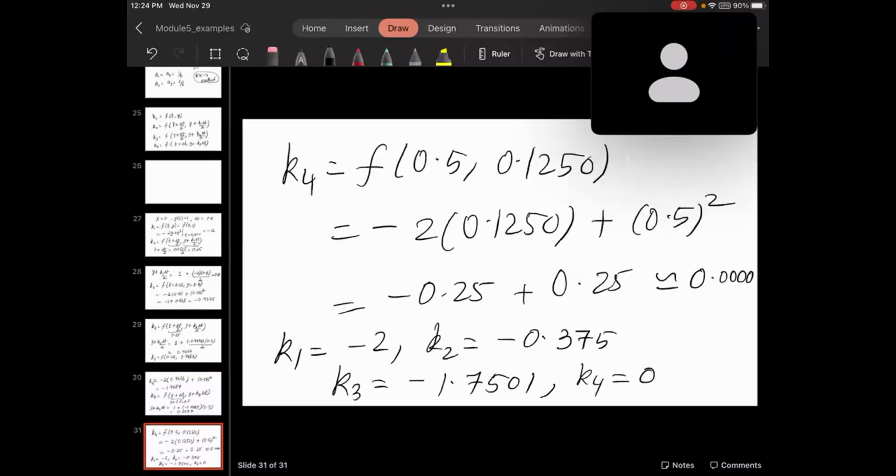So I come back here, I have to evaluate this at 0.5 and 0.2657, and what will that be? Minus 2 times 0.2657 plus 0.5 squared, minus 0.2814.